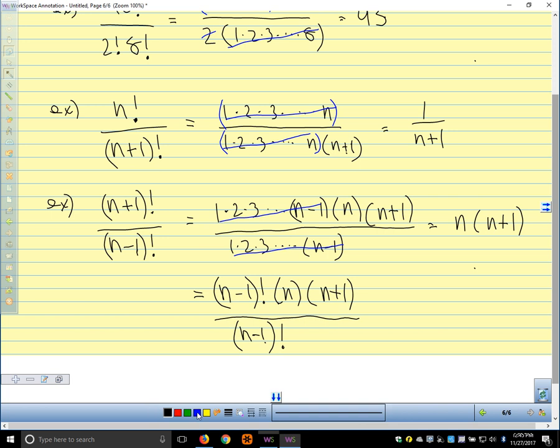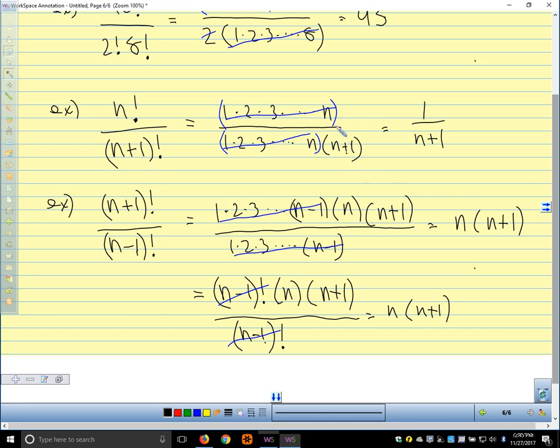And then we can cancel those two out. So just a slightly different way of thinking about it. You don't have to write all the 1, 2, 3, dot, dot, dot. We could have done the same thing here and written n plus 1 factorial as n plus 1 times n.